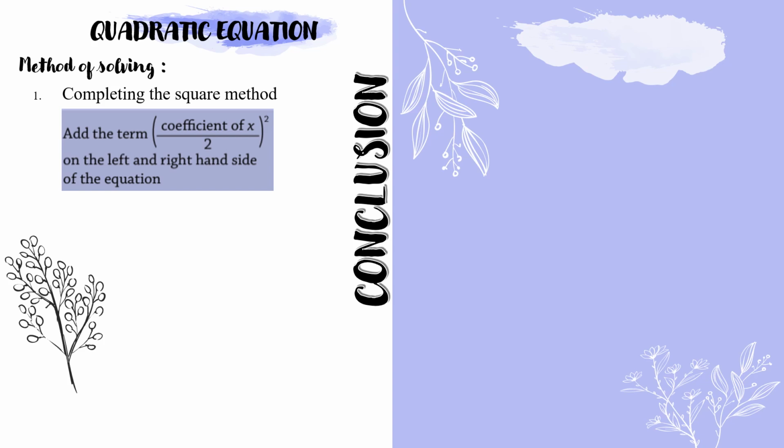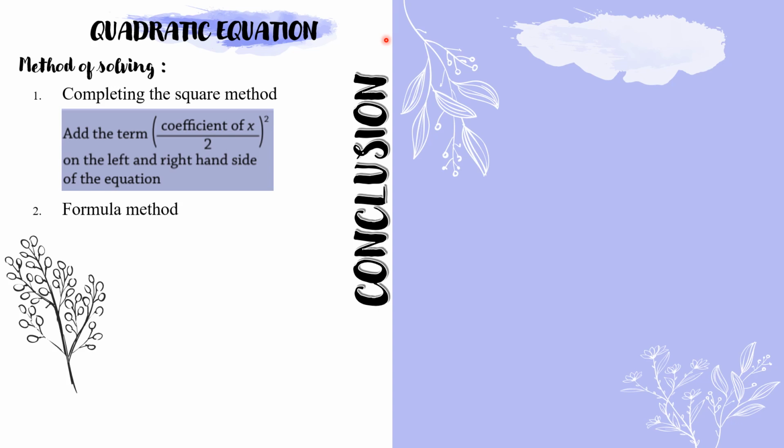If it's already 1, then you move the constant to the right hand side, right? And then next step, you need to add b over 2, coefficient of x divided by 2, on the left hand side and the right hand side. The step is similar for each question for completing the square, so you need to remember that.